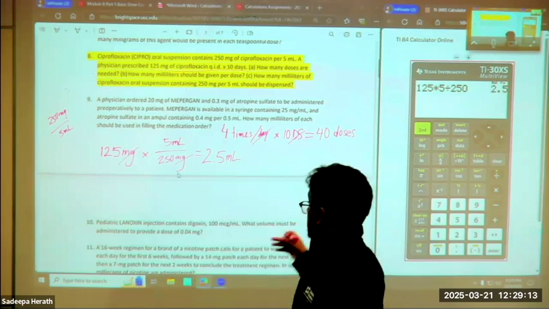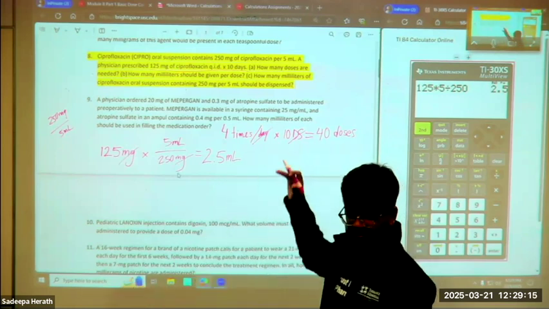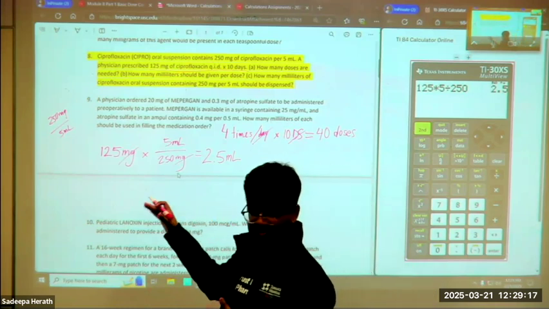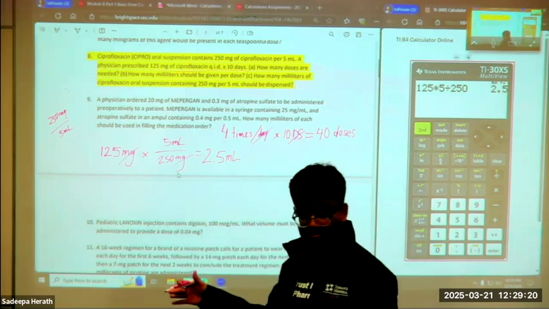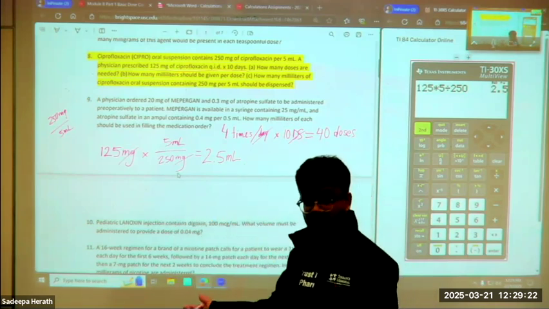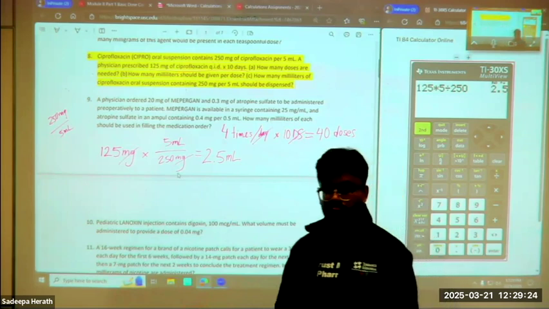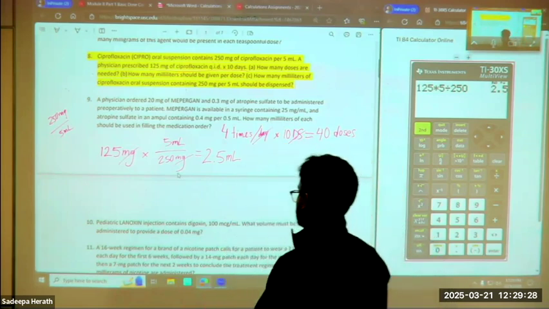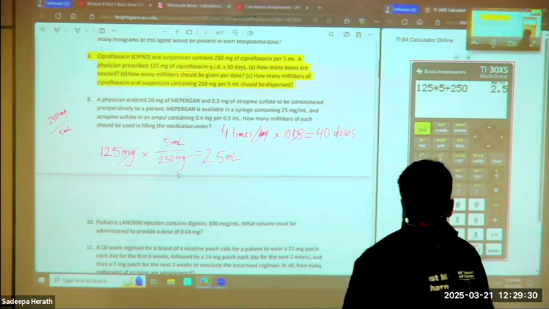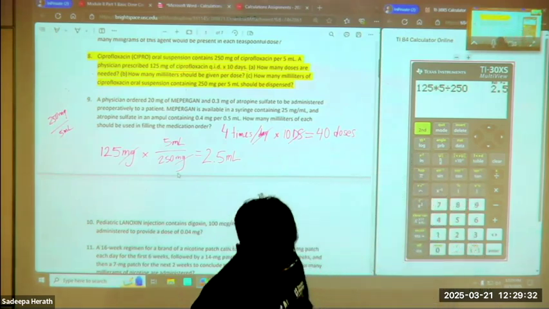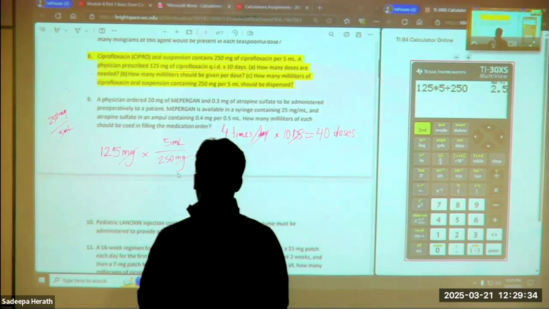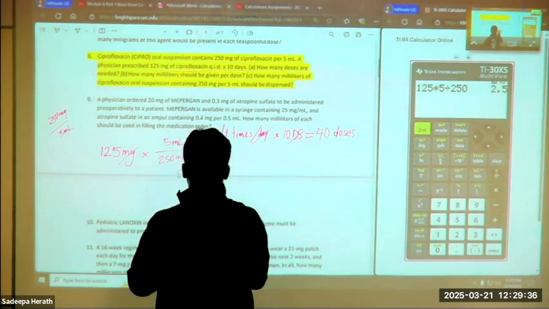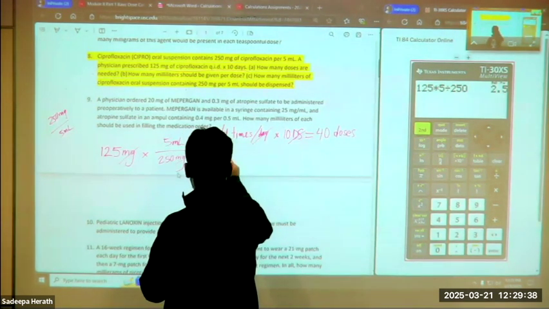So if you're at 250 and you want 125, 125 is half of 250. So then half of 5 would be 2.5. But for the exam, you had to write it out. So this is just for your own experience, for your own knowledge. Let's keep that actually.